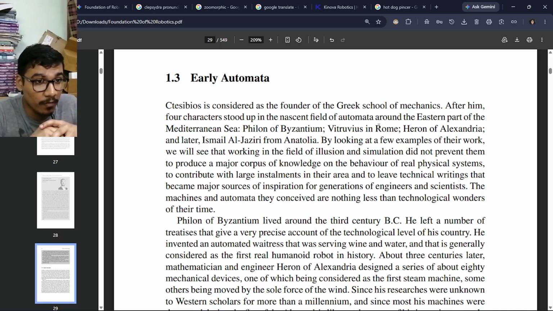Philon of Byzantium, Vitruvius in Rome, Heron of Alexandria, and later Ismail al-Jazari from Anatolia.